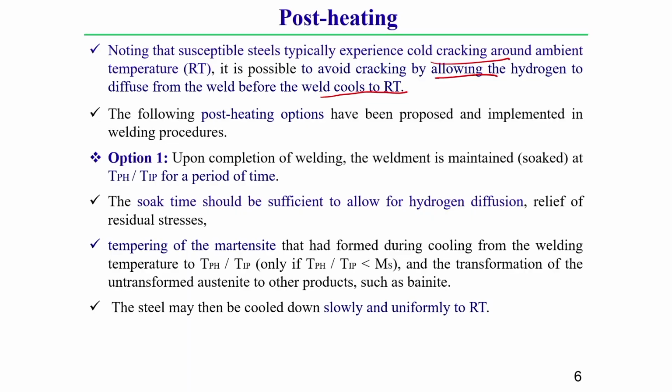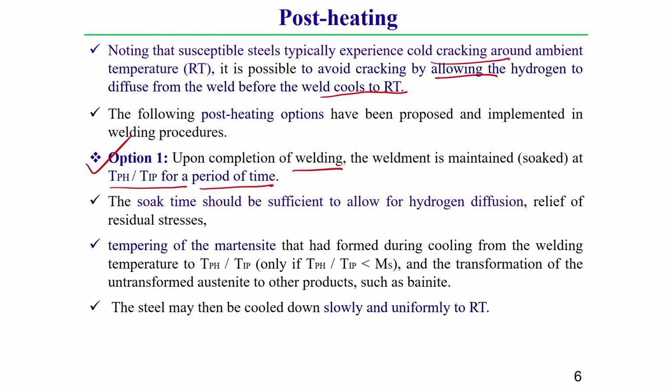Like in option 1, which I have already discussed in the previous slide, upon completion of the welding, the weldment is generally maintained at the preheating temperature, or if it is multi-pass welding, at the interpass temperature, for a period of time.